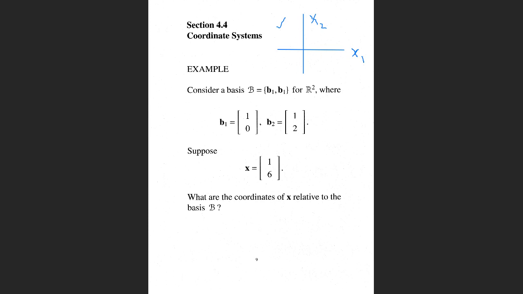Now, along these axes, I can draw vectors.